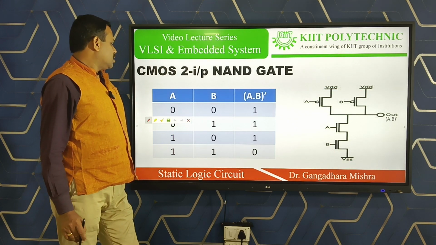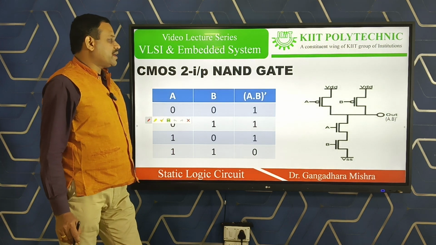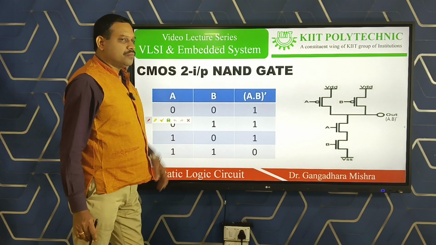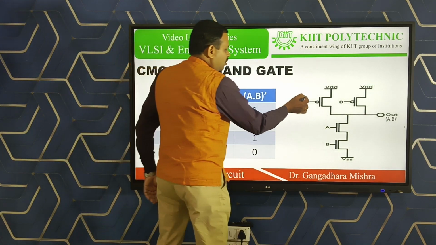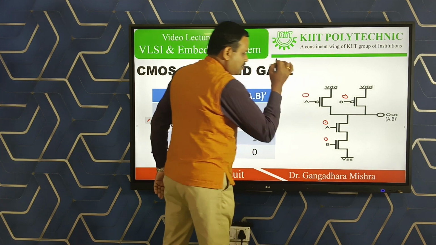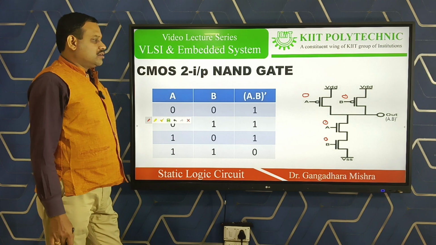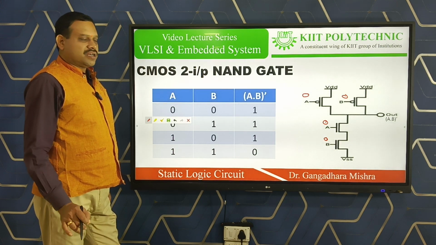for logic 0 0 input conditions, under these operating conditions A is 0, B is 0. So let's assign the values at the inputs. For all these input conditions, input 0 means it is grounded.